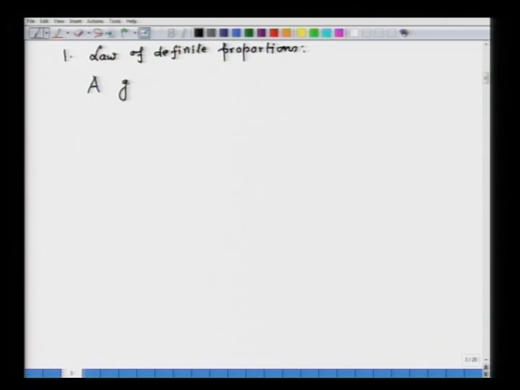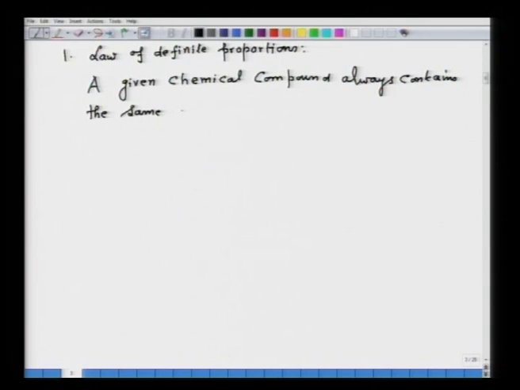So, I will just write down: a given chemical compound always contains the same constitutional elements in the same weight proportion.